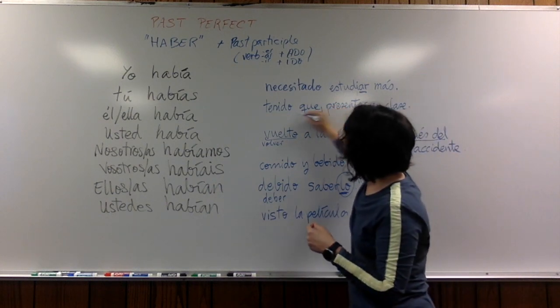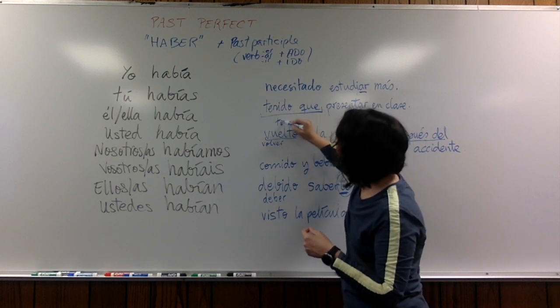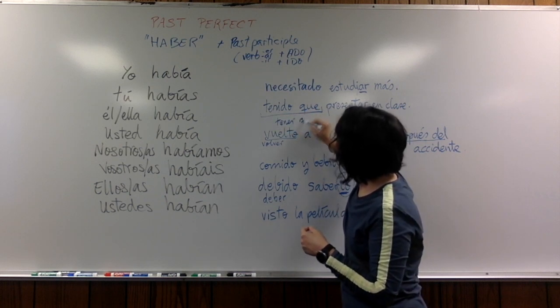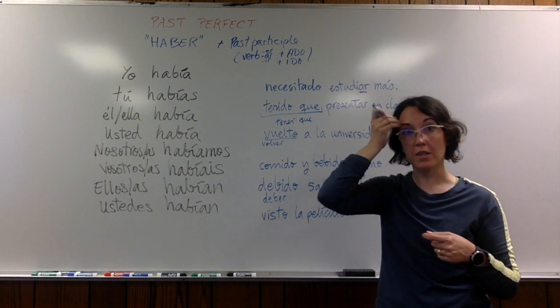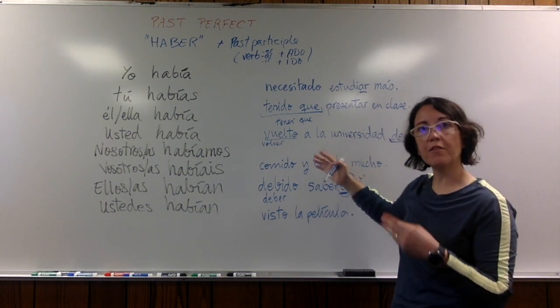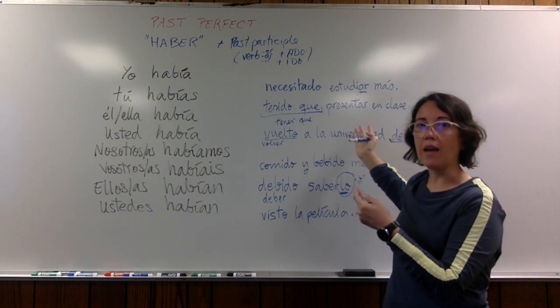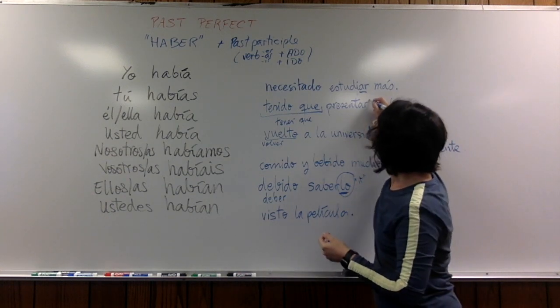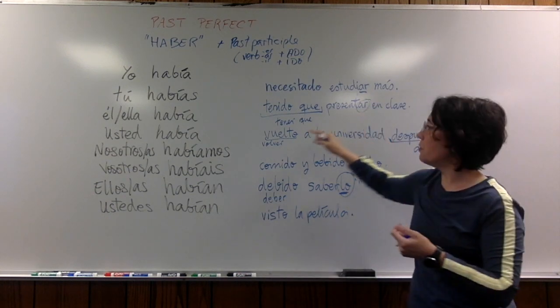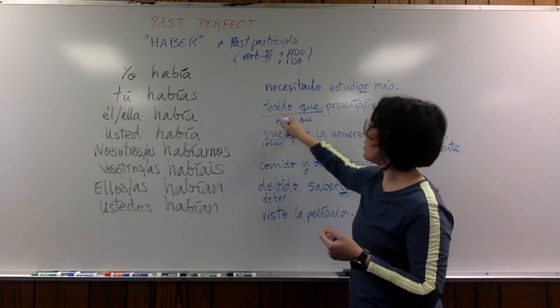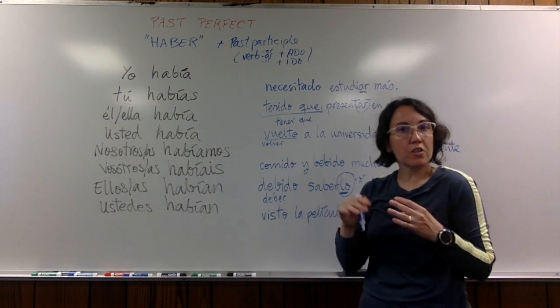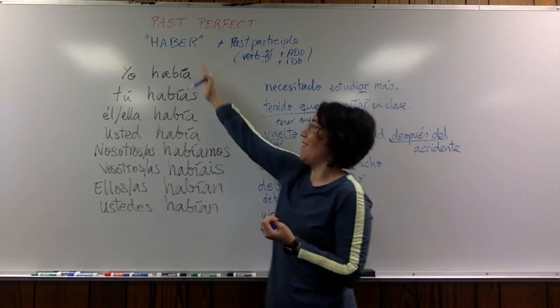Remember that tener que is to have to do something. So when you have the tener que present in class, the last verb in this group of three, remember these ones do not change depending on the person, only these.